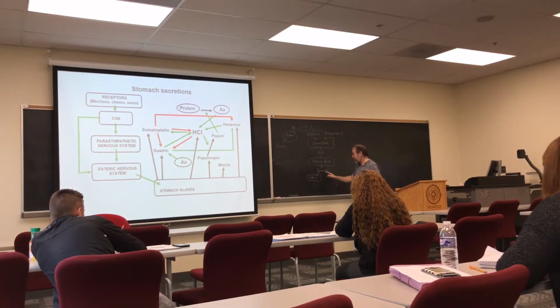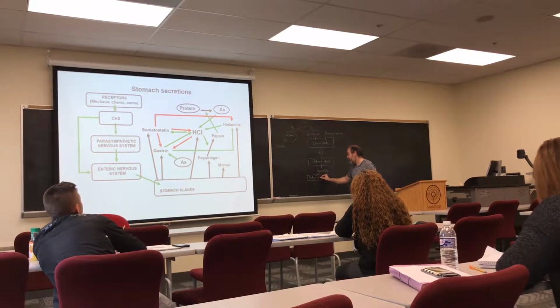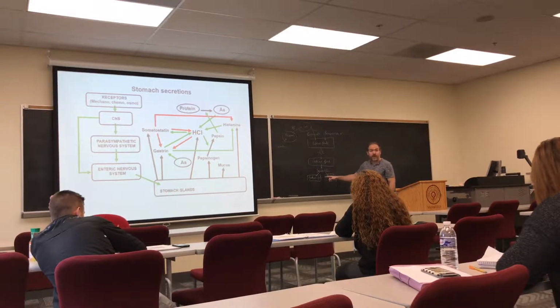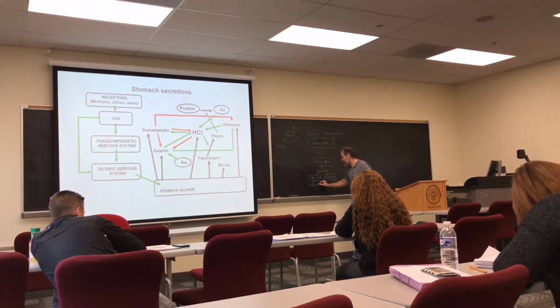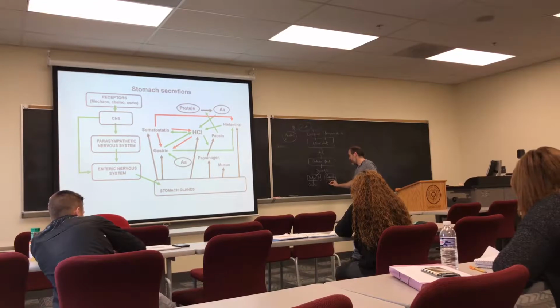So somatostatin is going to affect other endocrine glands, and another endocrine gland. Each one is a different kind of gland, but both are going to secrete hormones. This one is going to secrete gastrin, and this one is going to secrete histamine.